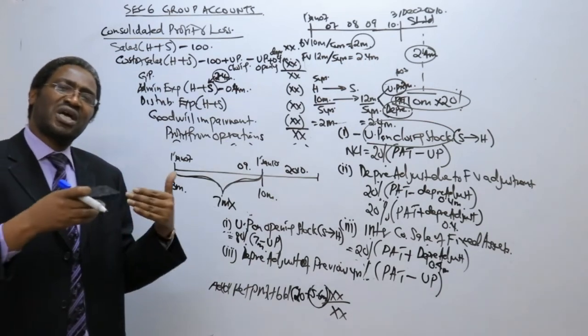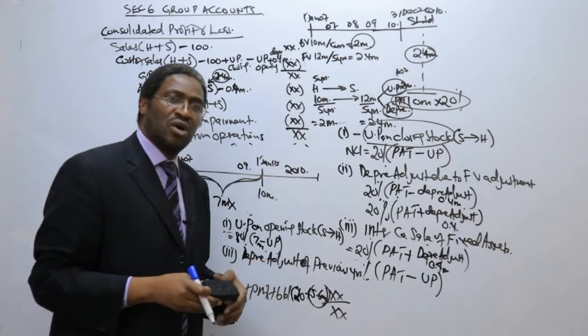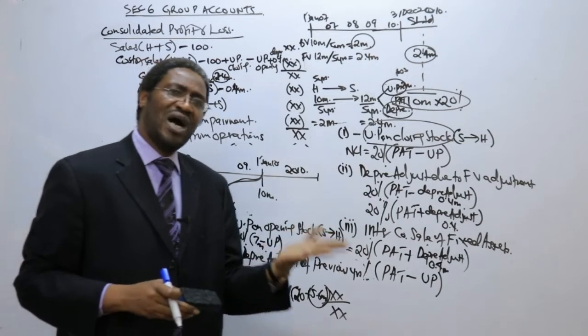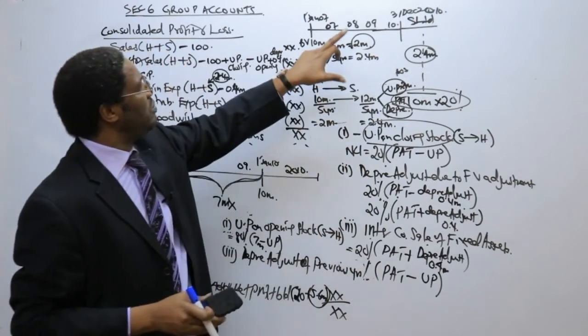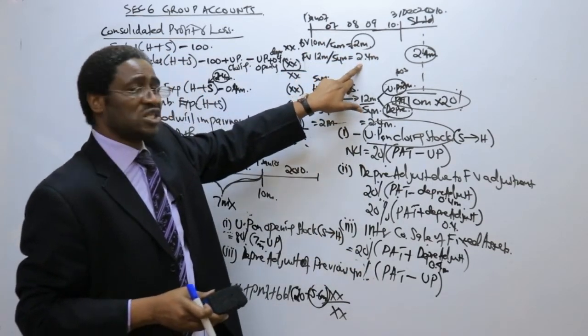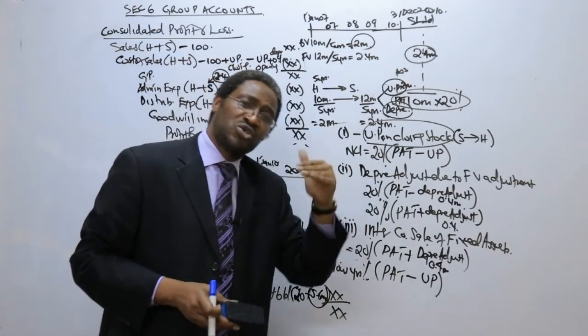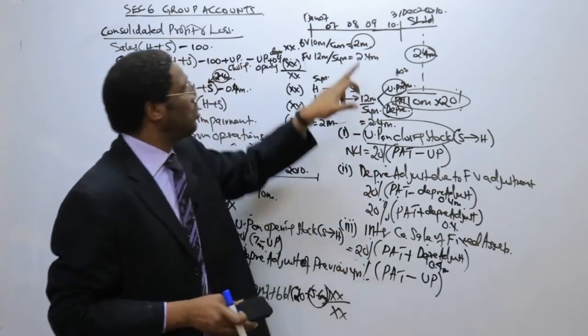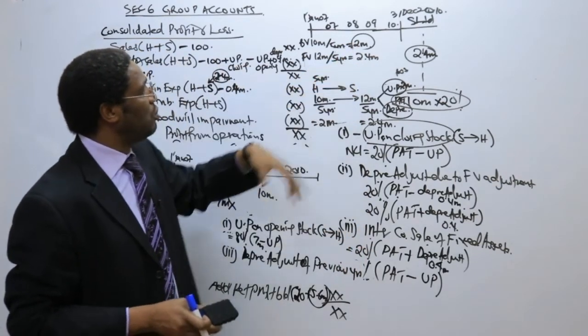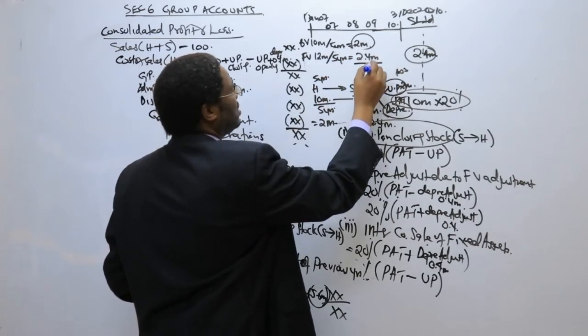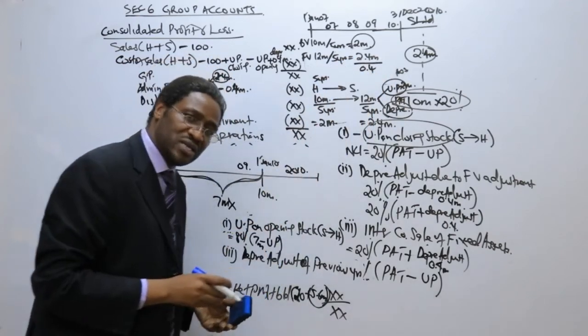Now that the subsidiary company was wrongly depreciating, were they undercharging or overcharging? Automatically, they were undercharging, because they should have been charging 2.4 million as far as the group is concerned, but they went on charging 2 million instead of 2.4. So every year, our subsidiary company was under providing depreciation by 400,000.